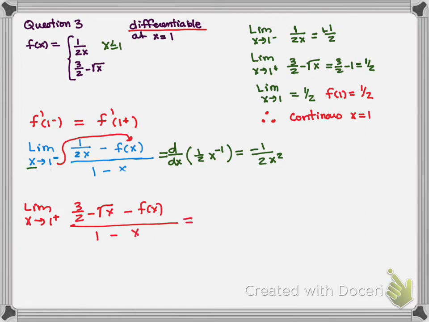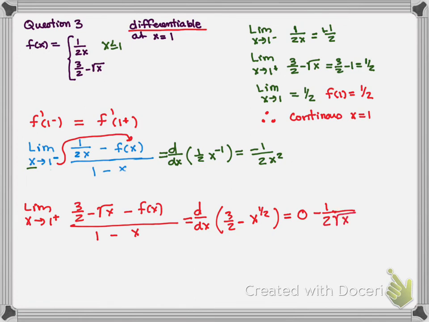So now we're taking the derivative with respect to x of 3 over 2 minus x to the 1 half. And that's equal to, well, the first term is 0 because the derivative of a constant is 0, minus 1 half x to the negative 1 half, or square root of x.